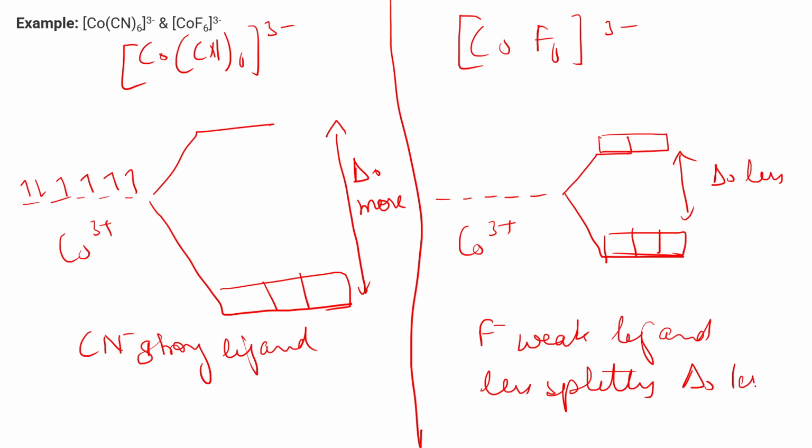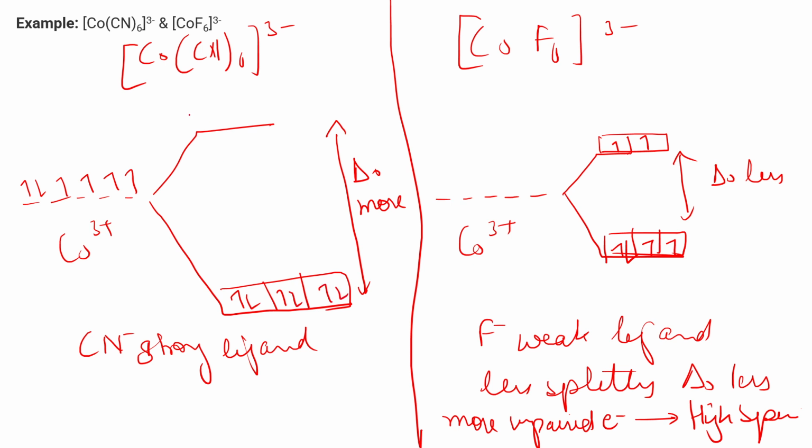Delta naught is less. Therefore, electrons will be filled in the higher energy orbitals like this. So total unpaired electrons are more. More unpaired electrons means high spin. Here all the 6 electrons will be filled in the lower energy orbitals because the gap is too high.